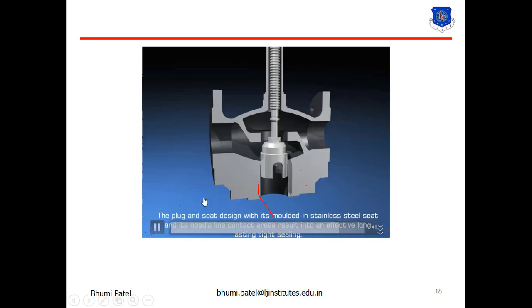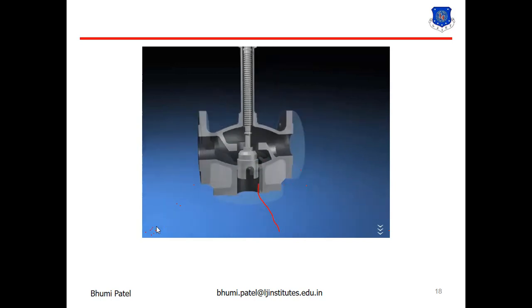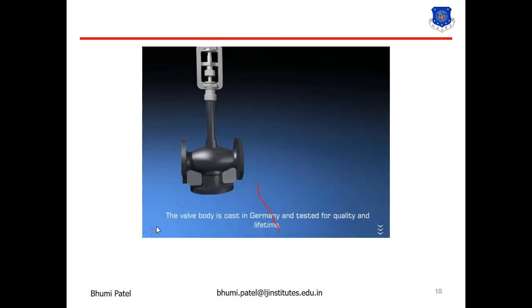Now the plug and seat design, with its modulating stainless steel seat and needle line contact area, results in effective, long-lasting, tight sealing. So we do not get the problem of leakage. This is the advantage of the three-way valve.